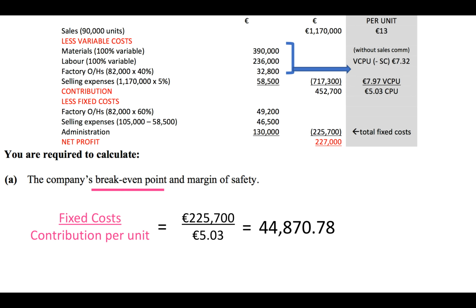You can't sell 0.78 of a unit, so you are going to have to round up to the next unit in order to break even. So that is 44,871 units.